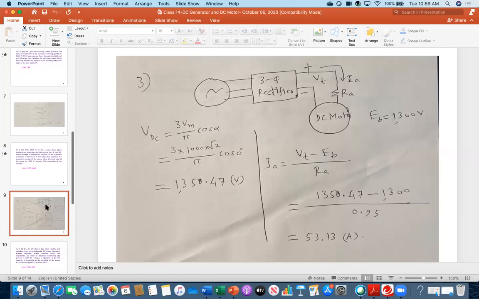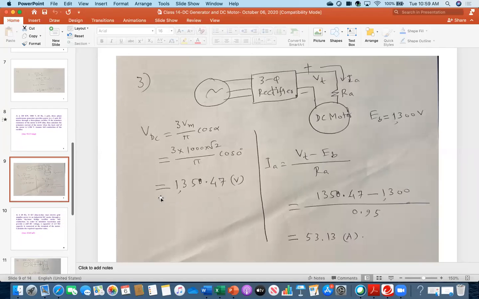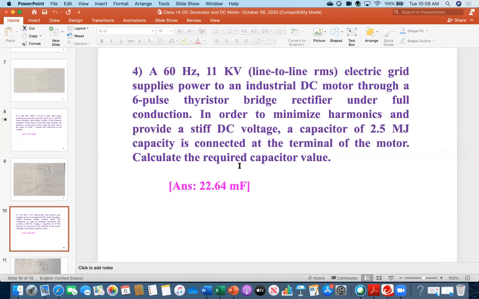Okay, I think there is one more problem for today that you practice, and then you are done. So everybody please read this one. A 60 Hertz, 11 kV line-to-line RMS electric grid supplies power to an industrial DC motor through a 6-pulse thyristor bridge rectifier under full conduction.